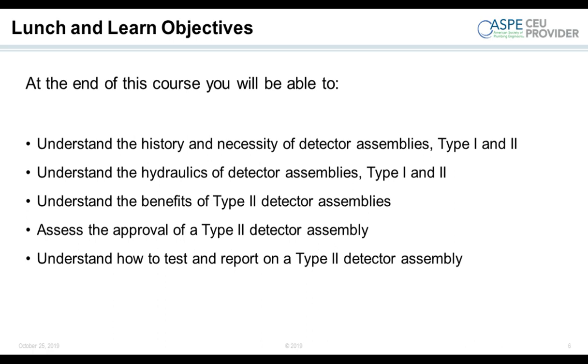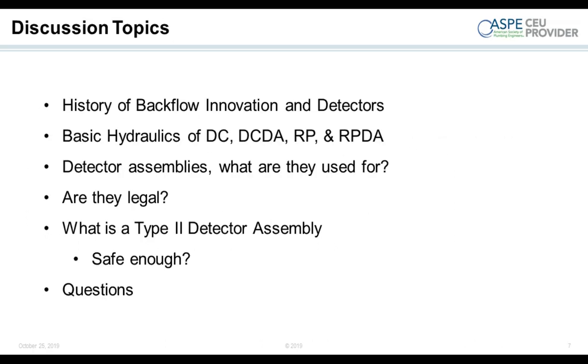All right, so at the end of this course, you're going to be able to understand some of the history and necessity of detector assemblies, type 1 and 2, the hydraulics of those detector assemblies, the benefits, so why do we have type 2, a look at the approvals, and then how to test and report on them. We're going to go through our history of backflow, then the basic hydraulics of the DC, DCDA, RP, and RPDA.